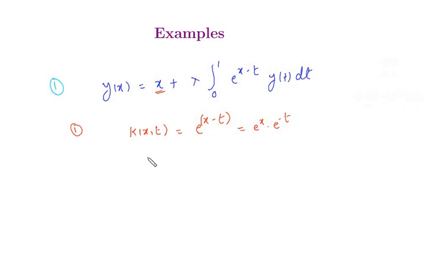And lastly, to see whether it is symmetric, K(x,t) is e raised to (x minus t), and K(t,x), if you ignore the conjugate part, is e raised to (t minus x). Of course these two are not equal, so this is not a symmetric kernel.